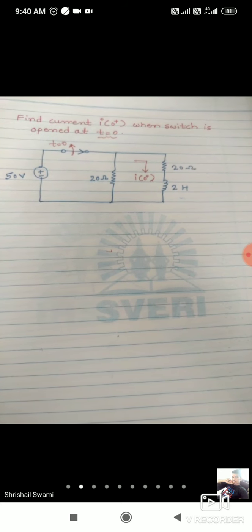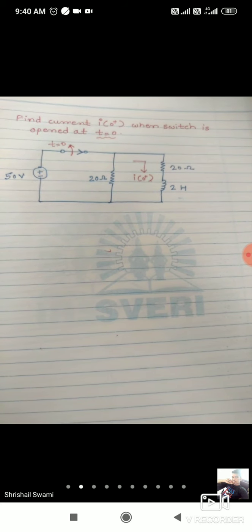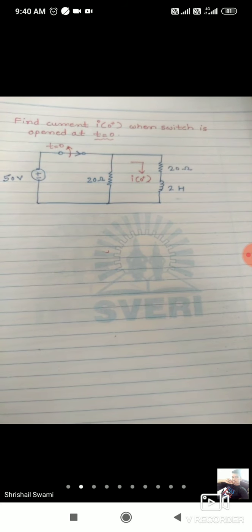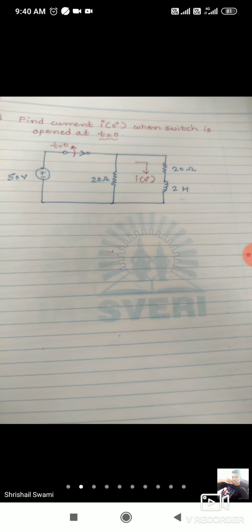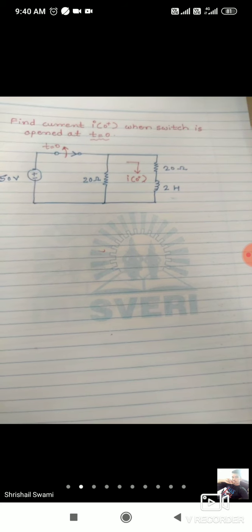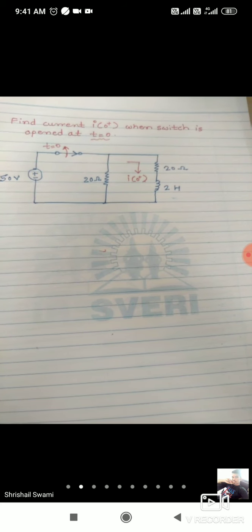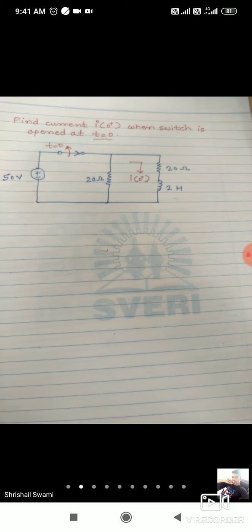Second case, here two resistors are there, 20 ohm, 20 ohm. Up to now, in whatever problems we have solved, only one resistor was present. But here two resistors are given.